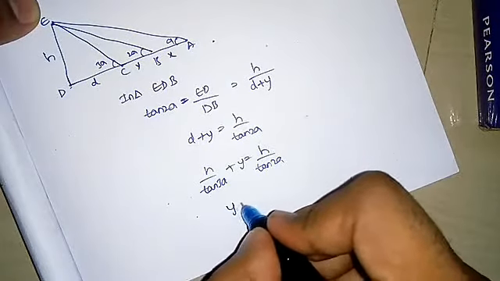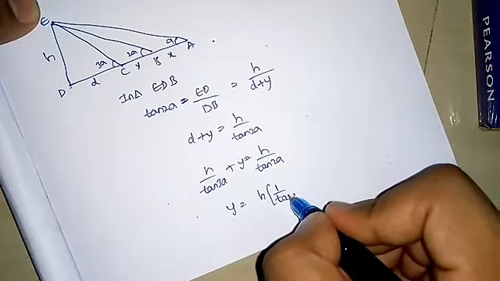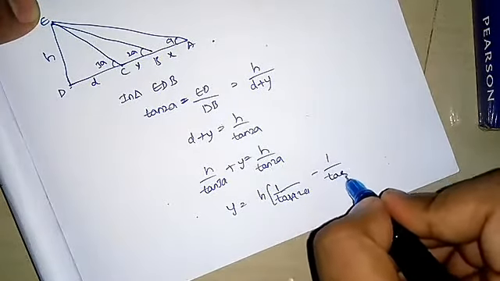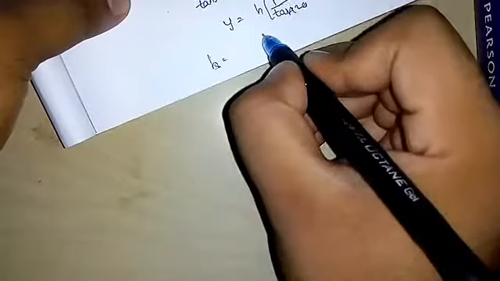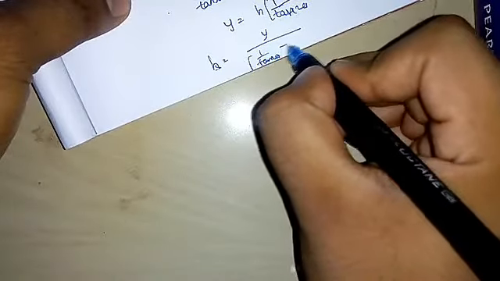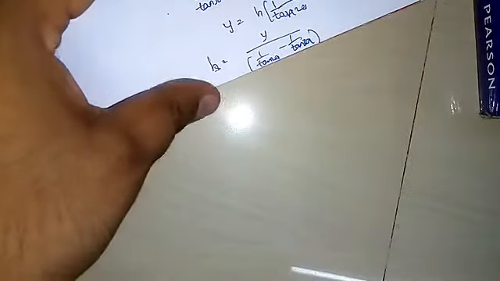So Y is equal to H into 1 by tan 2A minus 1 by tan 3A, which implies H is equal to Y by (1 by tan 2A minus 1 by tan 3A). This is the answer.